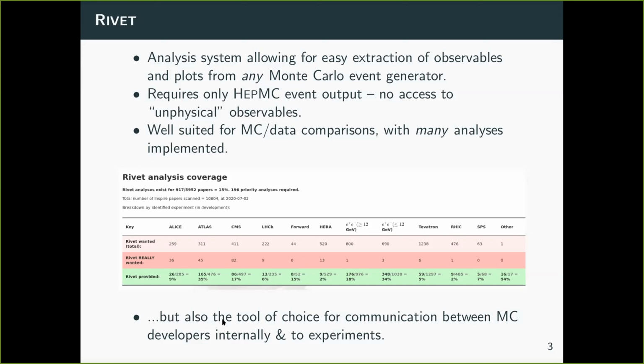Rivet is very well suited for this. It is also very well suited to do the same kind of communication with experiments. Say I have a prediction for some observable, then I can make an unambiguous message about how this observable should be defined.